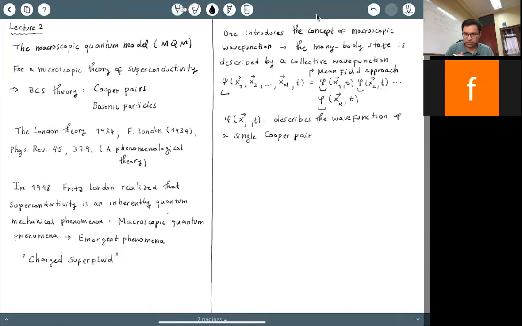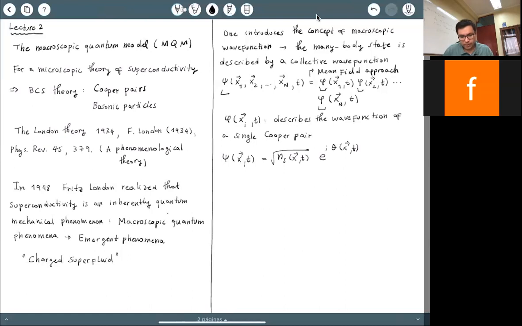So in general, for describing the whole superconducting state of the system, we introduce the concept of this. This is the macroscopic wave function now, in general. Let me write down this equation, and then I will explain the meaning of this equation.